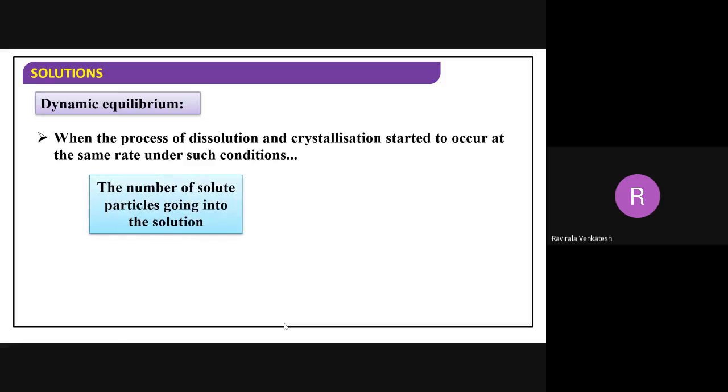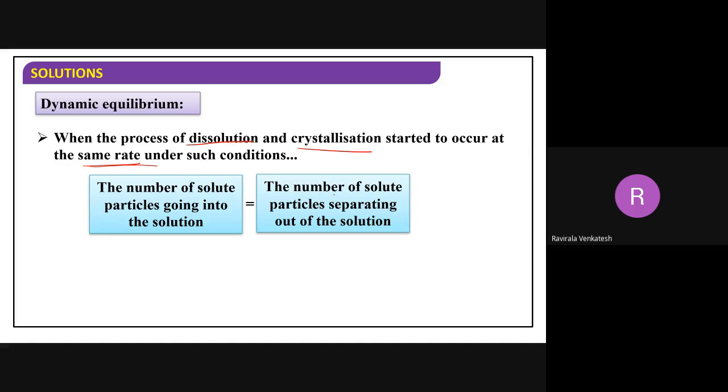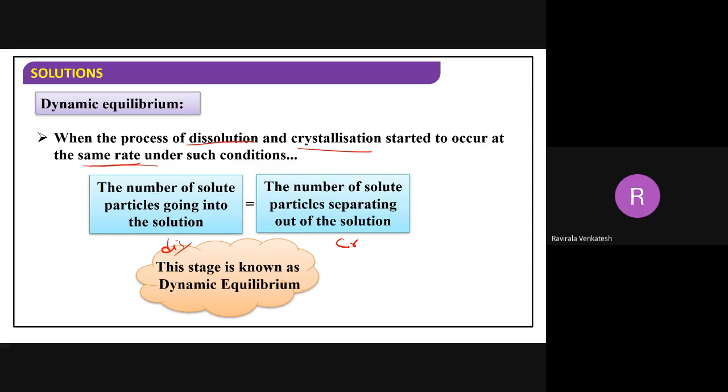This is called dynamic equilibrium. When the processes of dissolution and crystallization start to occur at the same rate, under such conditions, the number of solute particles going into the solution is always equal to the number of solute particles separating from the solution. This is crystallization, and this one is dissolution. So this is dynamic equilibrium.